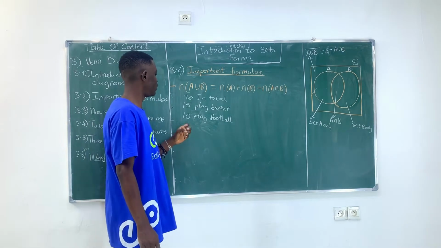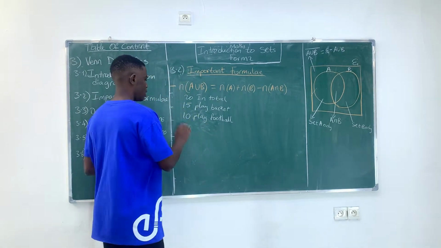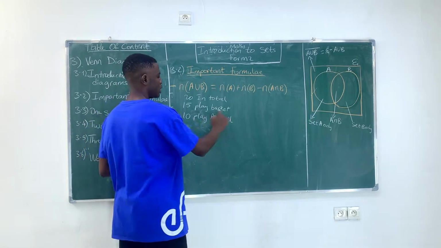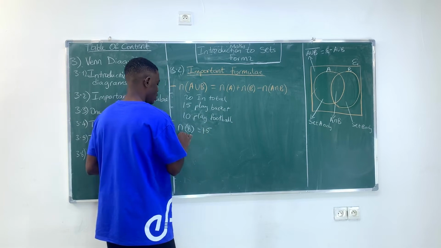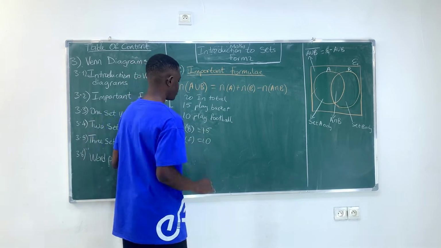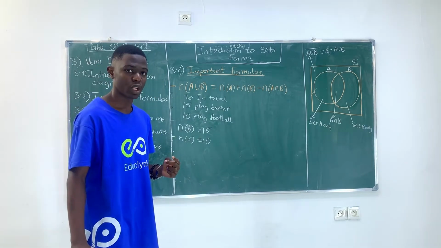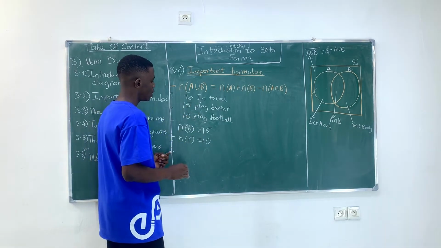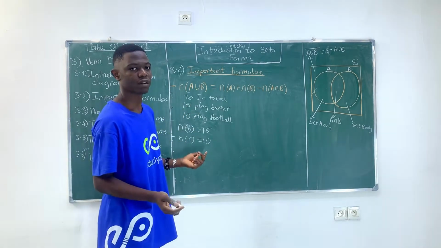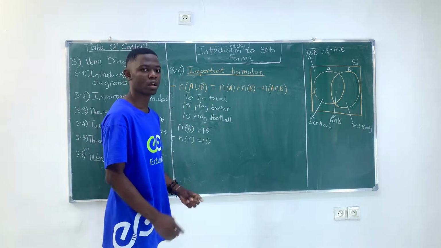For A union B, the number of people that play basketball is equal to 15. The number of people that play football is equal to 10. If you add these two, 15 plus 10, you're going to have 25. 25 is already more than the number of people in total.